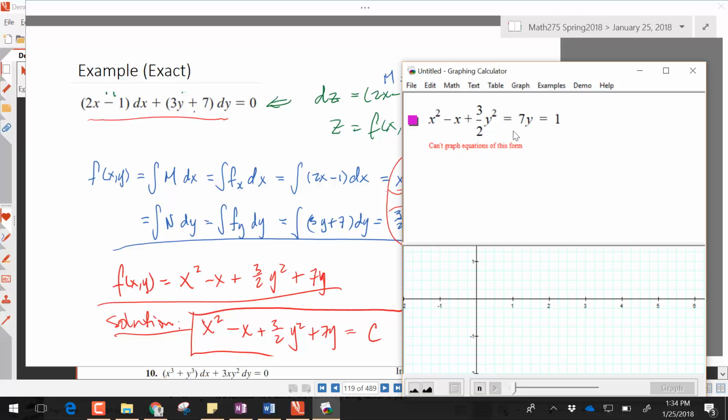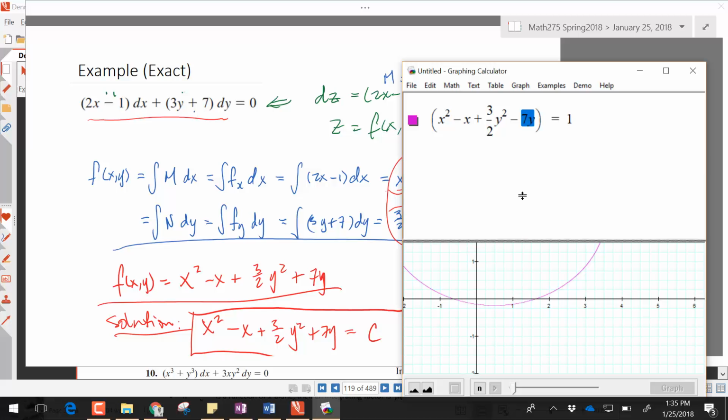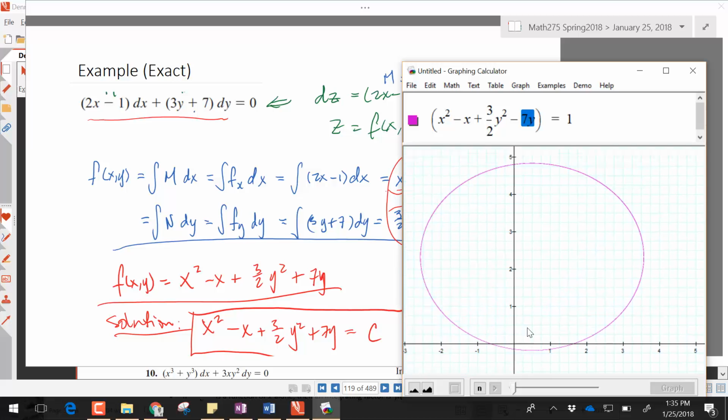Can't graph. Oh man, it's going to get all mixed. So remember that we get a family of functions.